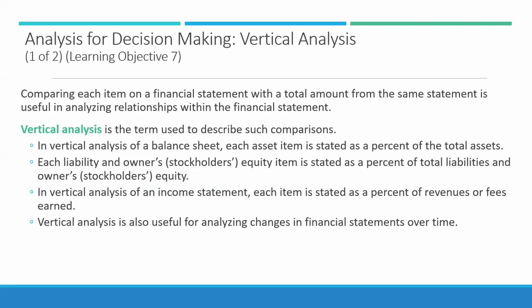So if we look at cash, we look at cash as a percentage of total assets. Each liability and owner's equity item is stated as a percentage of total liabilities and stockholders' equity. In vertical analysis of an income statement, each item is listed as a percentage of revenues.